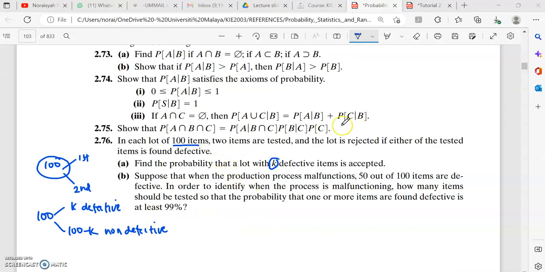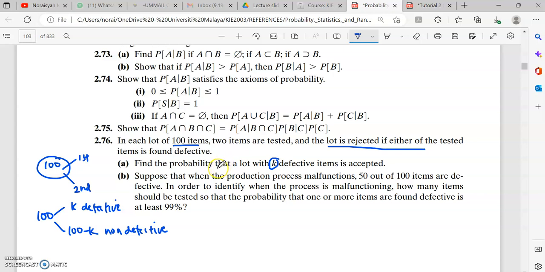This is because if you look at the question, the lot is rejected if either of the tested items is found defective. Meaning if you do the first test and it doesn't pass, you reject the lot, or if you do the first test and it passes, and then the second test does not pass, then you also reject the lot. It doesn't have to be both items defective for you to reject.